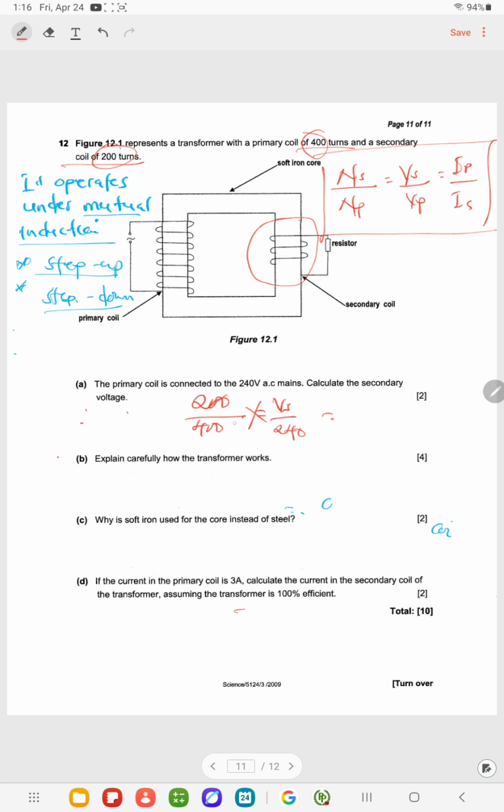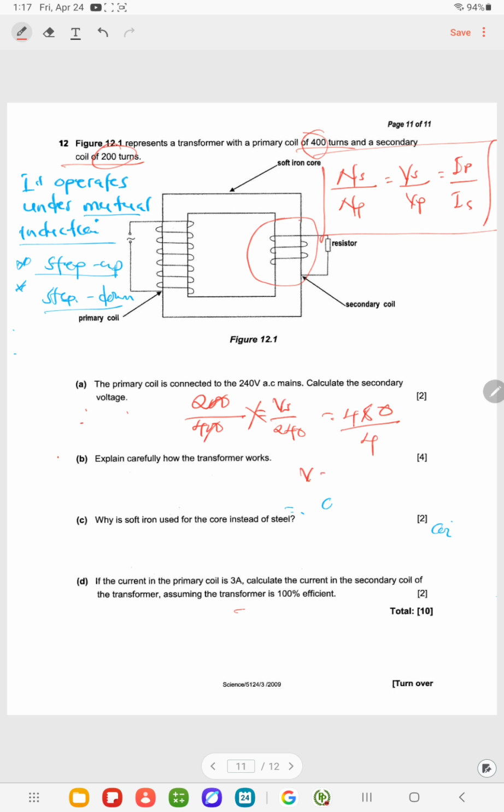We can cancel this if you want. So 2 times 240: 2 times 0 we get 0, 2 times 4 we get 8, 2 times 2 we get 4. So 4 times V gives 4V, which is equal to 480.